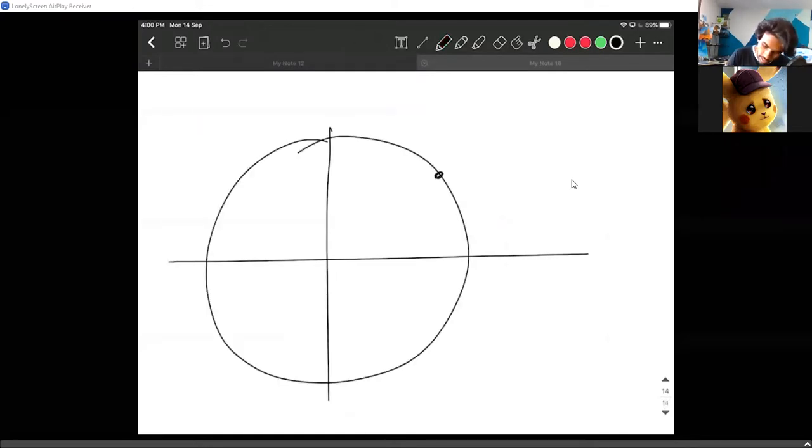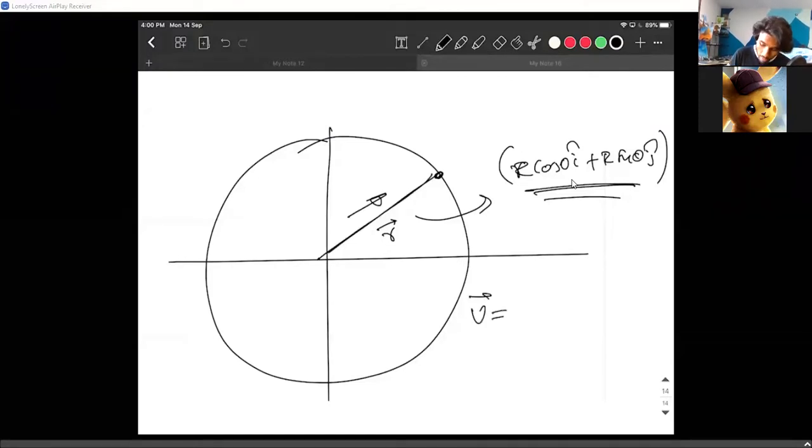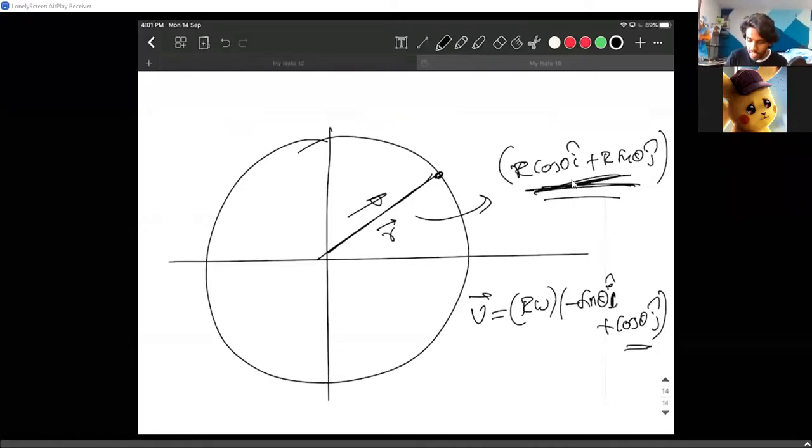Since the particle is here, the position vector is like this, and it came as r cos theta i cap plus r sin theta j cap. The direction is like this, in the direction of the radius vector itself. But when I found the velocity vector, which is nothing but r omega times minus sin theta i cap plus cos theta j cap, clearly observe that these two are perpendicular to each other.